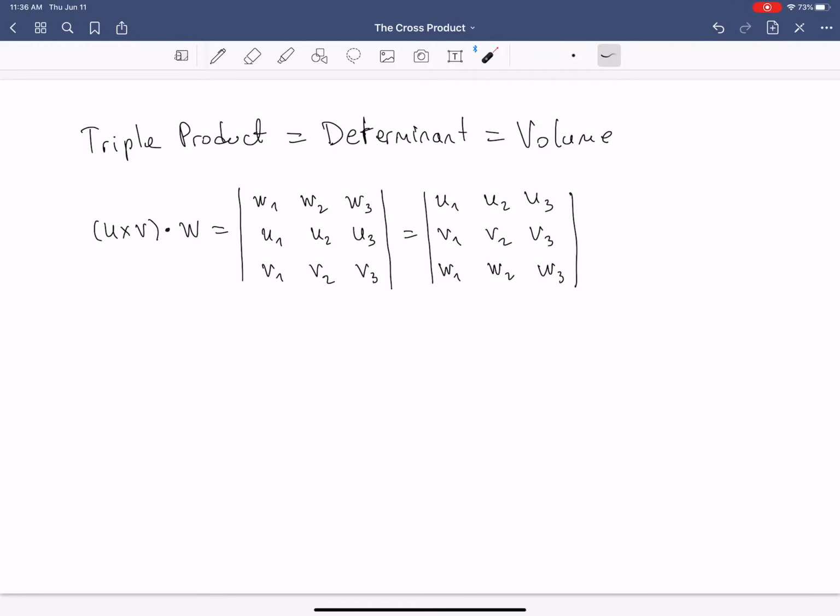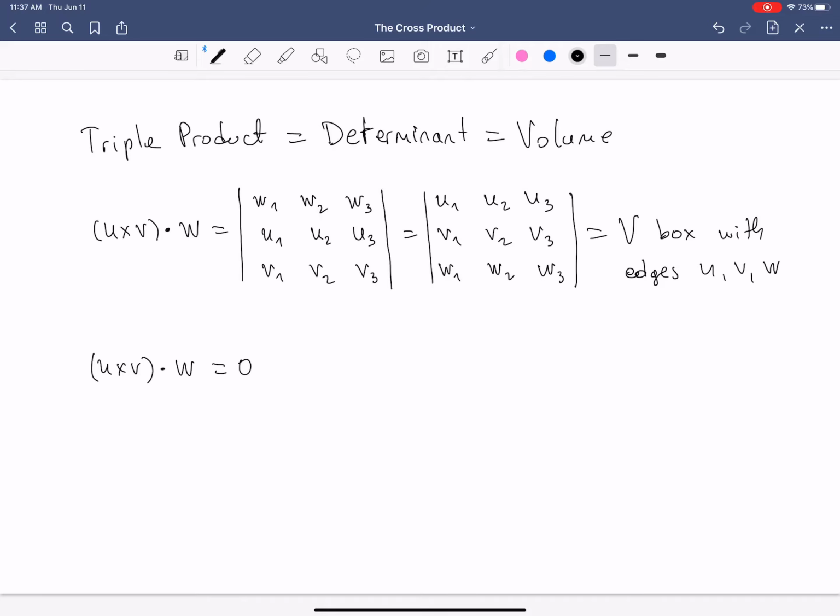Now, what happens when this determinant is equal to 0? Well, u cross v dotted with w is 0, so the determinant, or the volume, of a box with edges U, V, and W is 0. You could get a negative number depending on whether you took U, V, W in a counterclockwise direction or not.